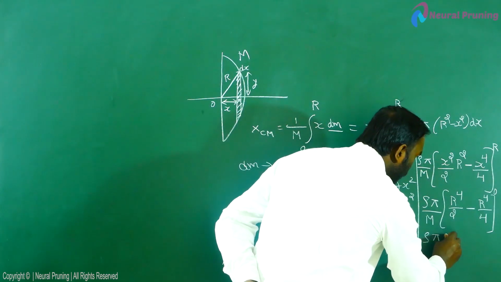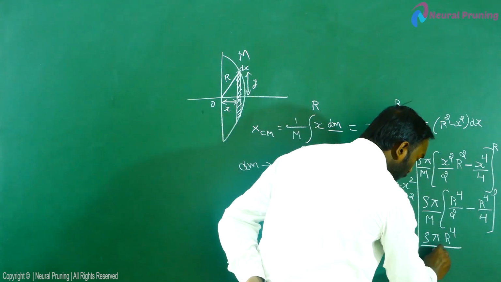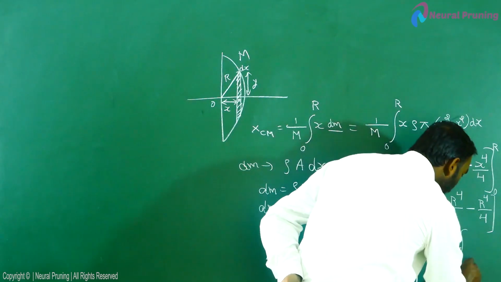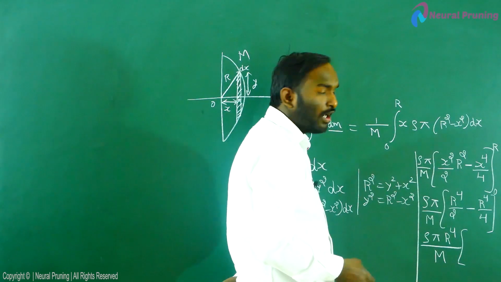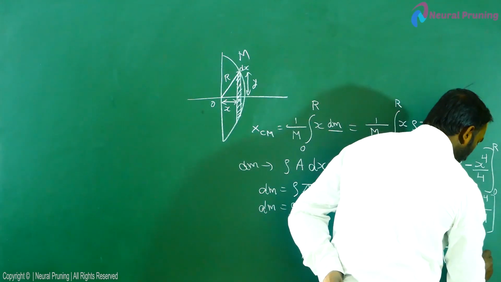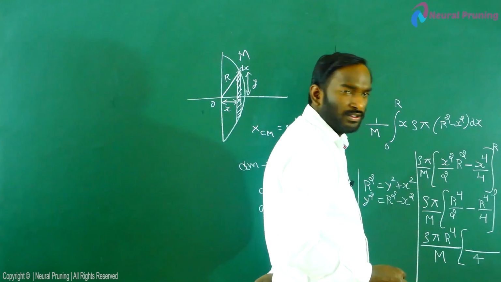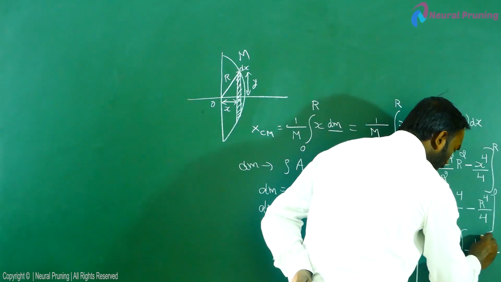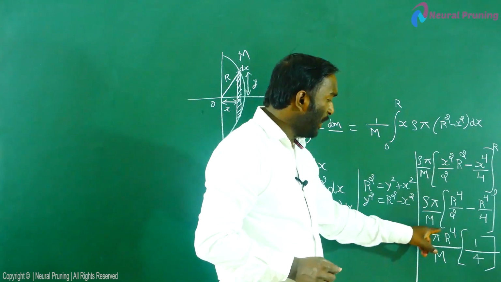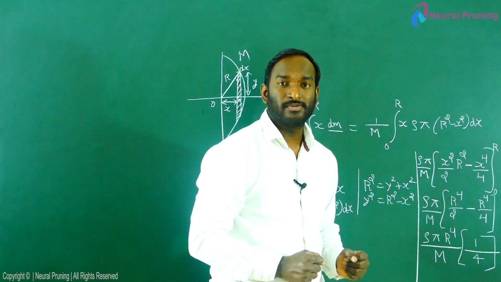Rho pi R to the power 4 by M, where M is the mass of the entire hemisphere, into half minus 1 by 4. Take LCM. You know how to find the value. 4 is the LCM. So 2 minus 1, which is 1. Now, till here it's easy. Rho pi R to the power 4 by 4M.